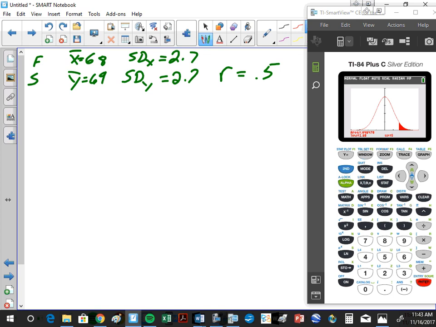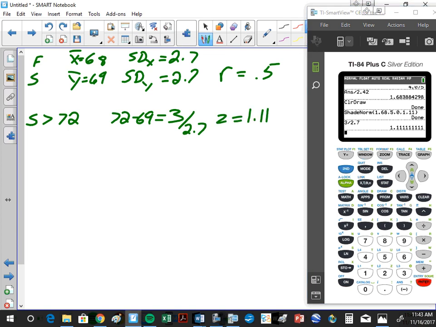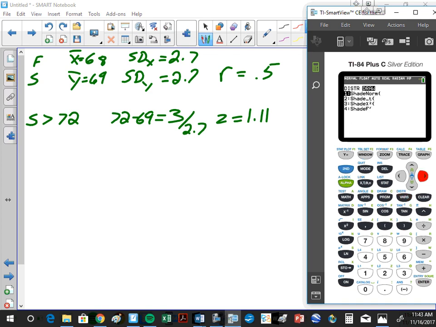So 6 feet would be 72 inches, right? So we want the sons greater than 72. So I take 72 minus 69 equals 3. Divide by 2.7. So 3 divided by 2.7 gives me a z-score of 1.11.